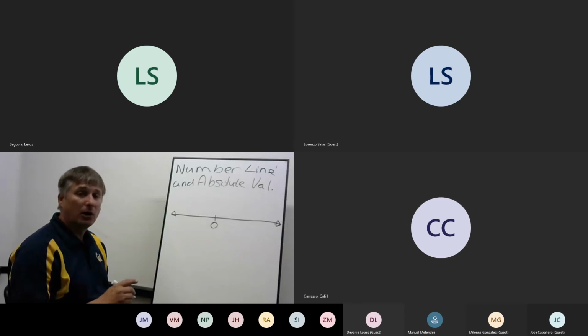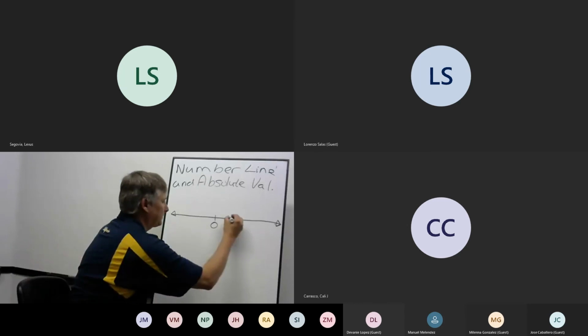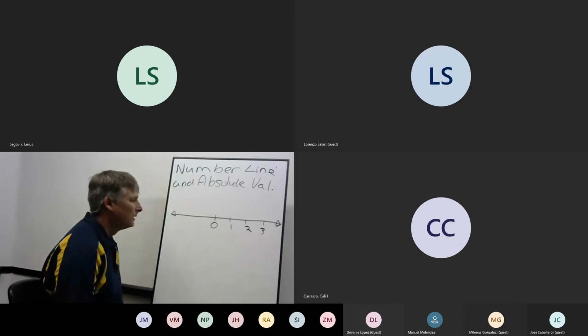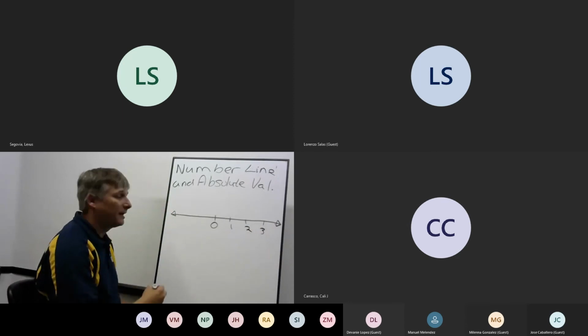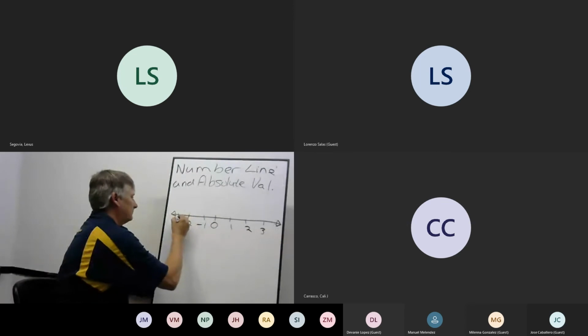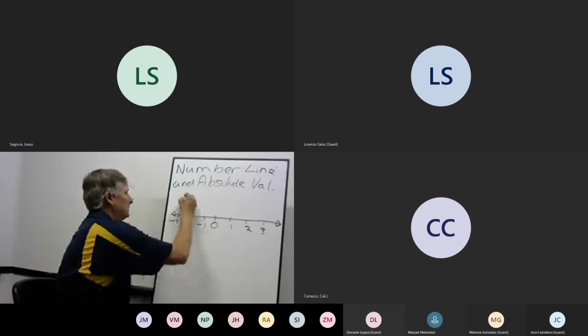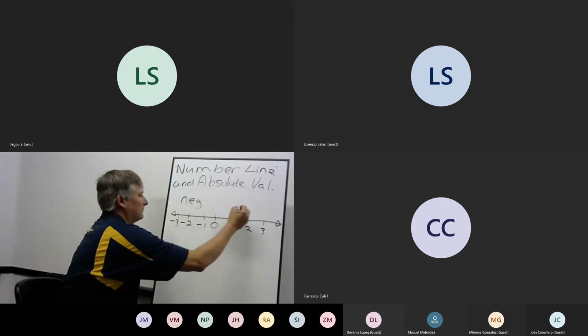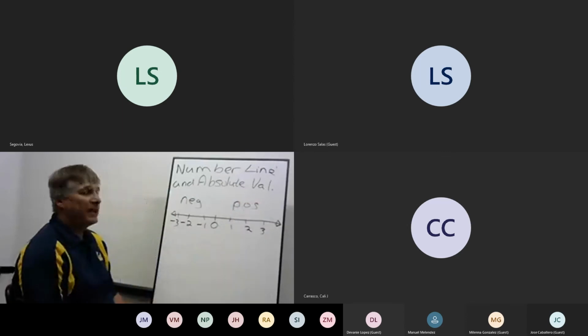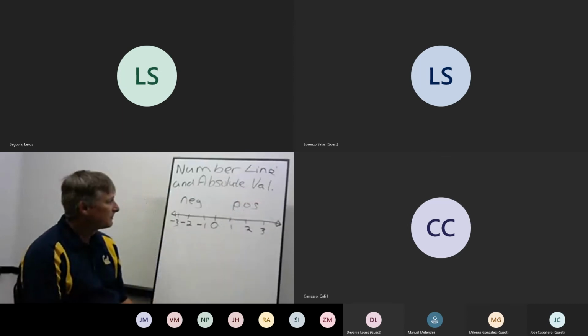Positive numbers are on the right. Negative numbers are on the left. So you have negative and positive.